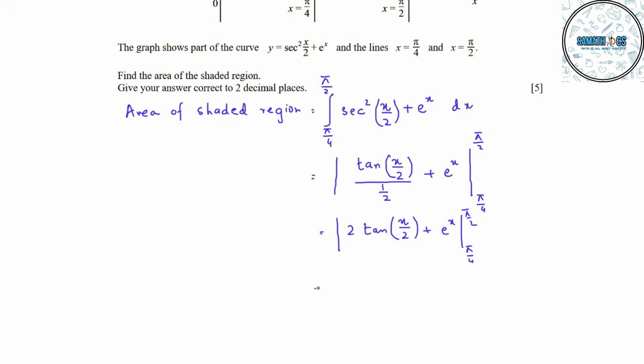Now we will substitute the value of x as pi upon 2 and another time pi upon 4. So it is 2 tan, when we substitute x as pi upon 2, it will become pi upon 4, plus e power pi upon 2.